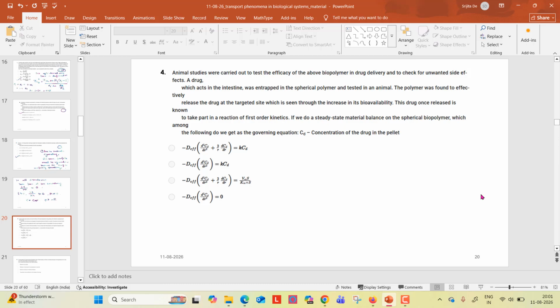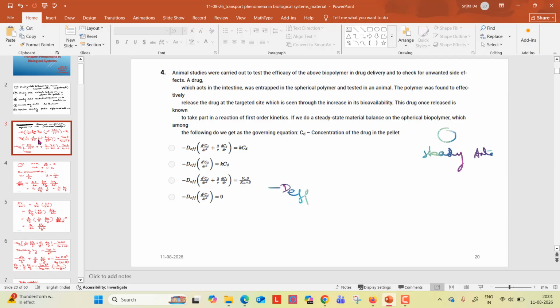So it is steady state and it is spherical, right? Spherical polymer, steady state. So it will be similar to, if you remember the derivation we have done here, minus D effective 1 by r square.